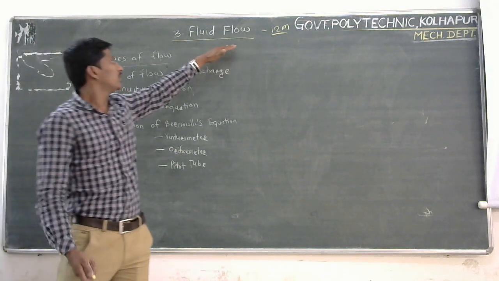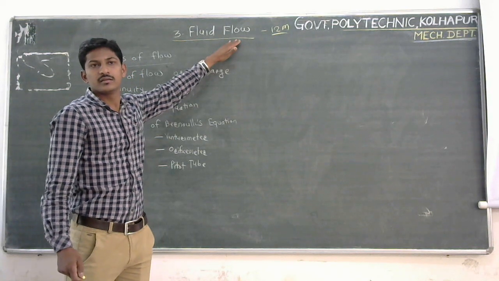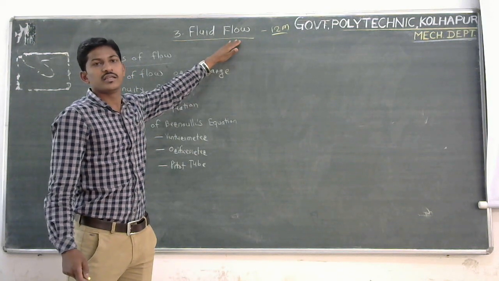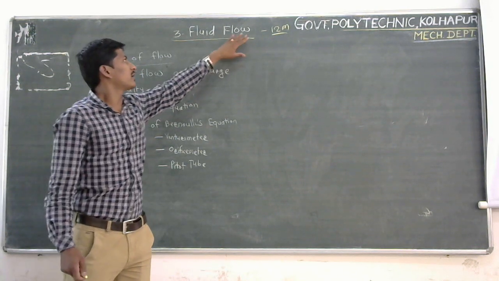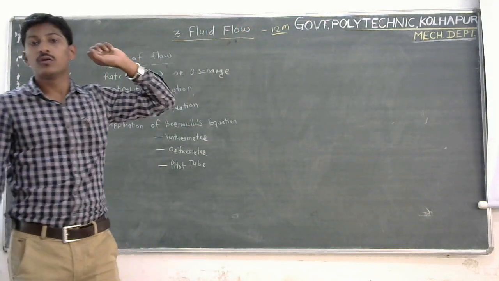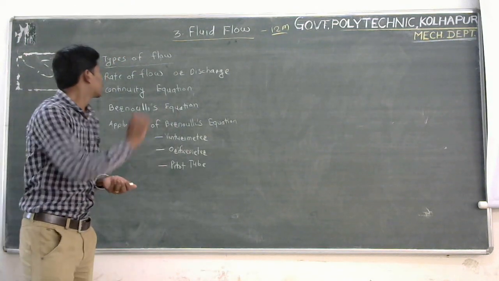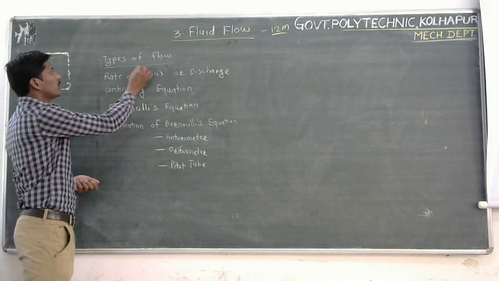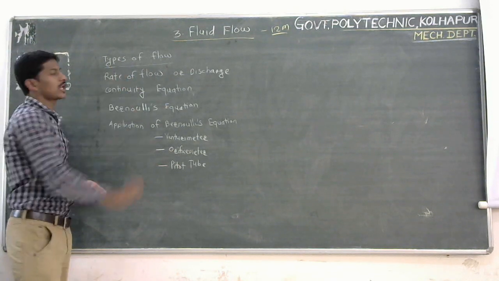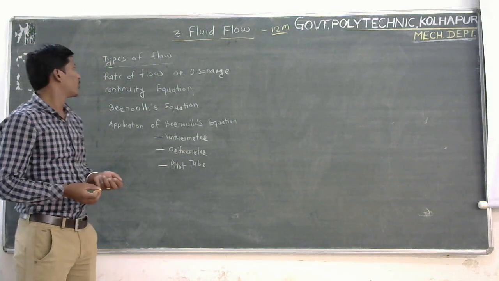From the name itself, we can realize that in this unit we are going to learn about the flow of fluid. So the first point is types of flow, and we are going to see the various types of fluid flow.